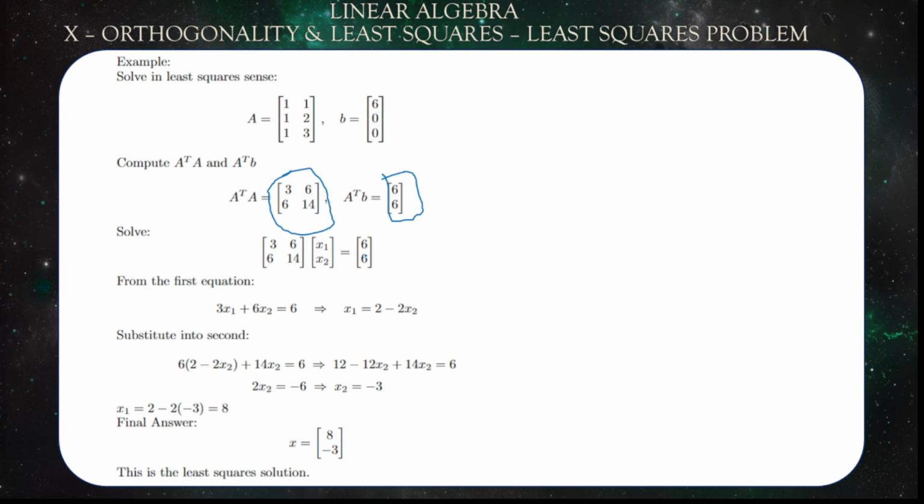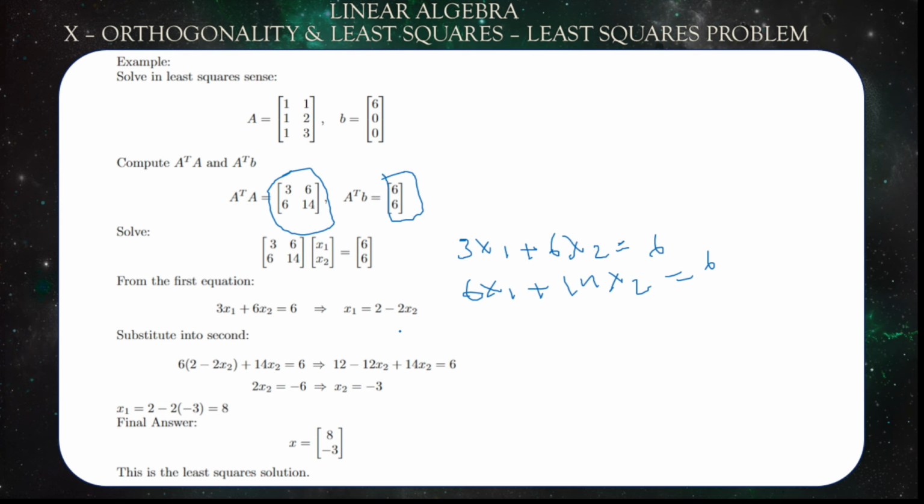So you place them next to each other, multiplied by the vector x1, x2, equal to 6, 6. From the first equation: 3x1 plus 6x2 equals 6. The second equation is 6x1 plus 14x2 equals 6.